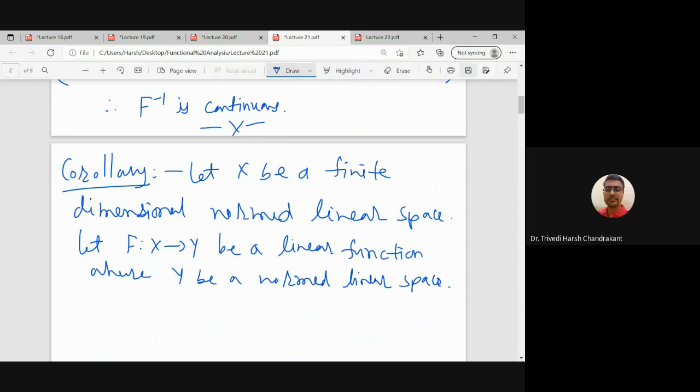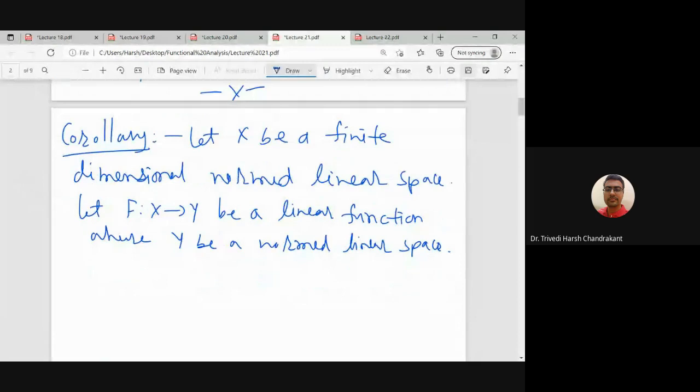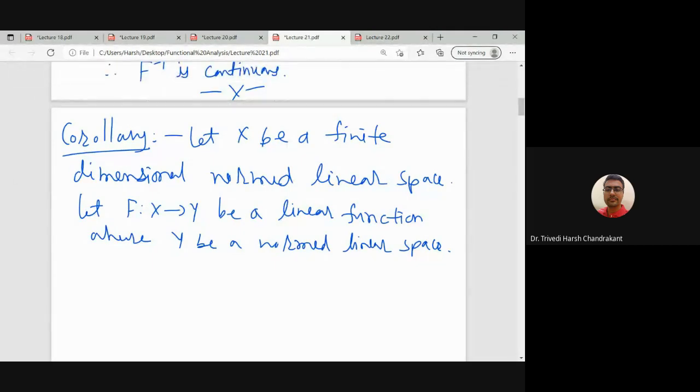May be different or it may be same. So whenever we have such a function, the first condition which we want to prove is that f is a homeomorphism.